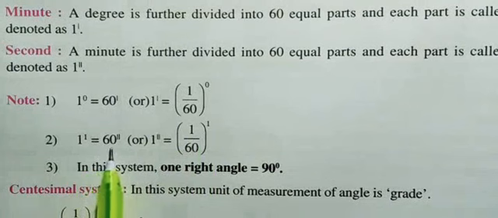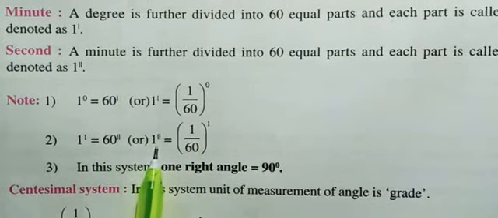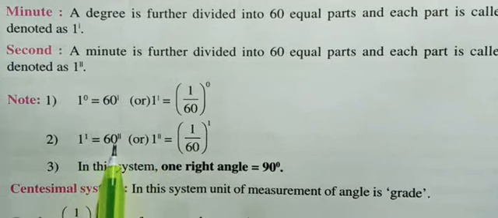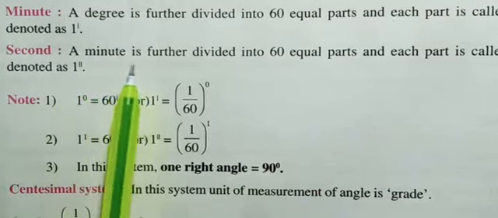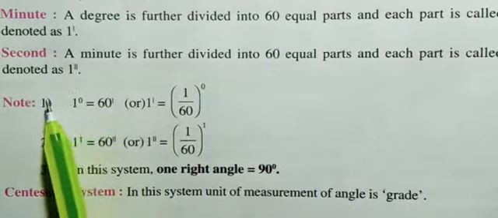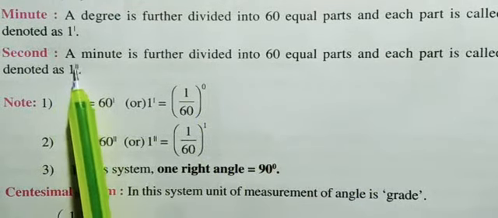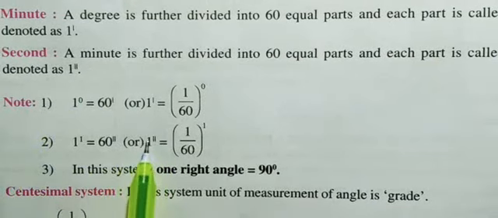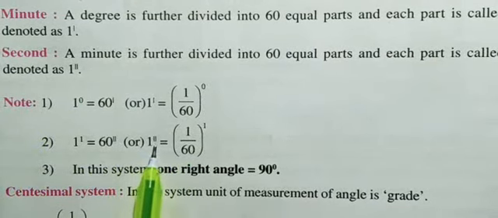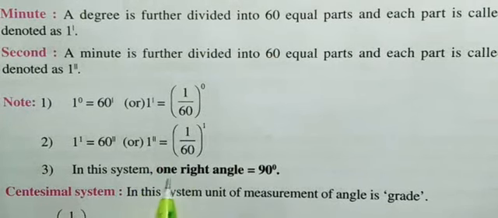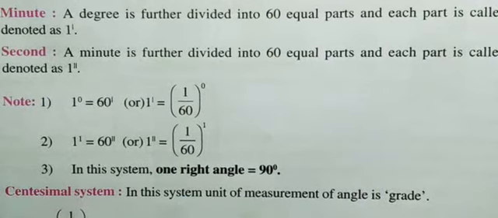Next, 1 minute is equal to 60 seconds, or 1 second is equal to 1/60 minute. This is the sign of second, denoted by 2 primes, two lines. So in this system, one right angle is equal to 90 degrees.